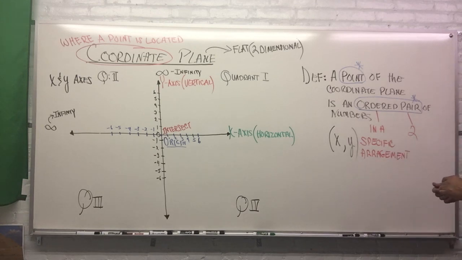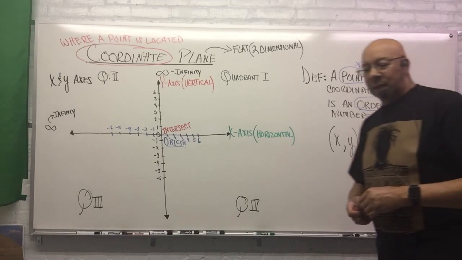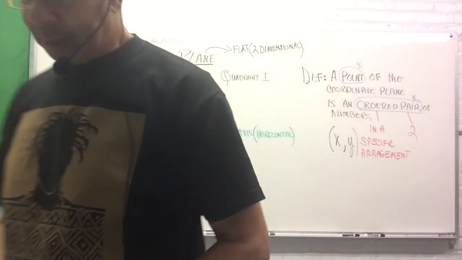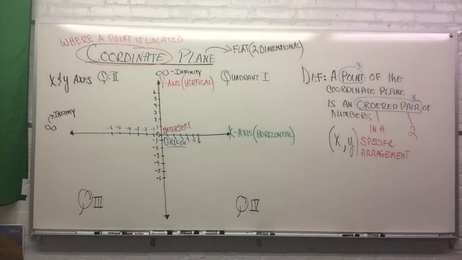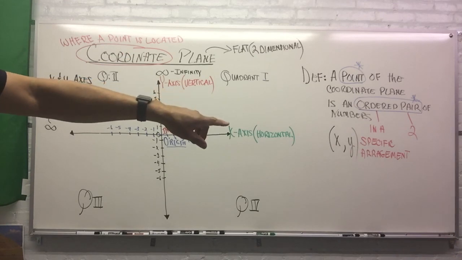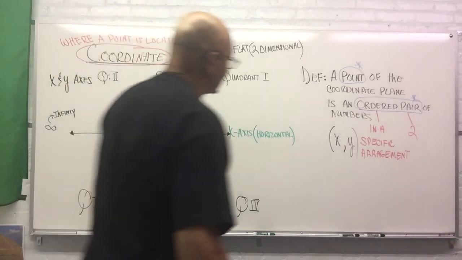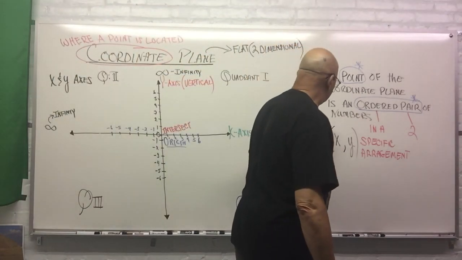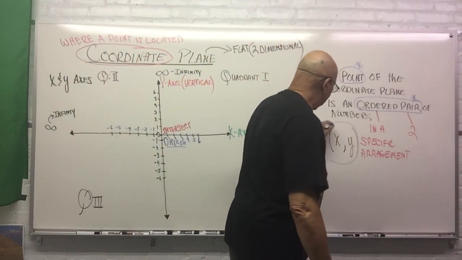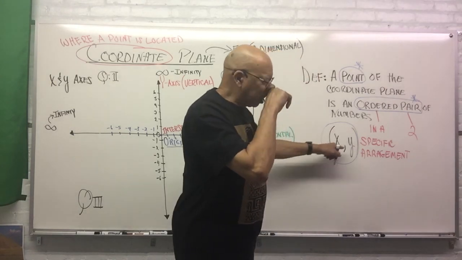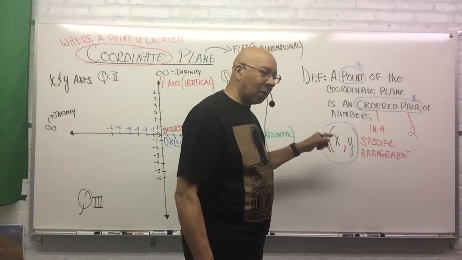Now that's a long way to go around saying one simple thing, that any coordinate on our plane has to show this ordered pair, where its pair is two, it's one x, one y, but the x always comes first.